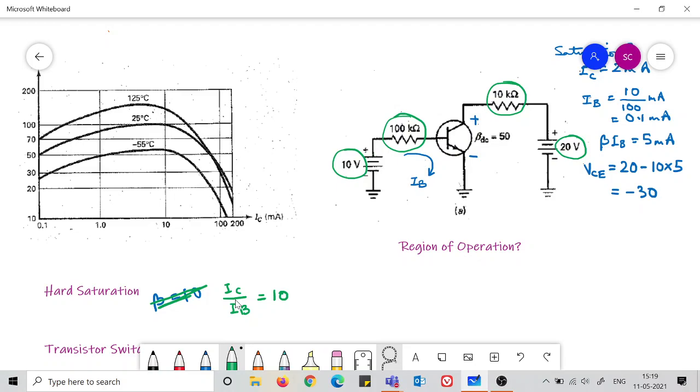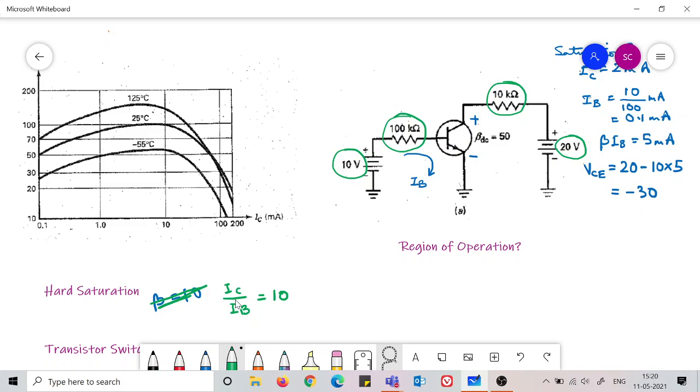Normally the base resistance is 10 times the collector resistance, the load resistance RC. Normally this is the situation in which the transistor operates in the saturation region, and these two voltages can normally be kept the same.